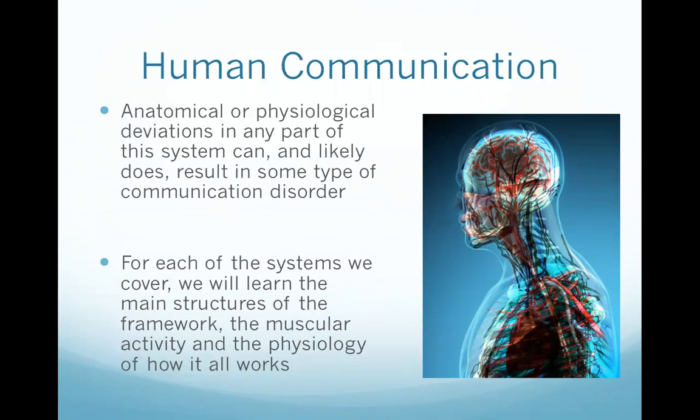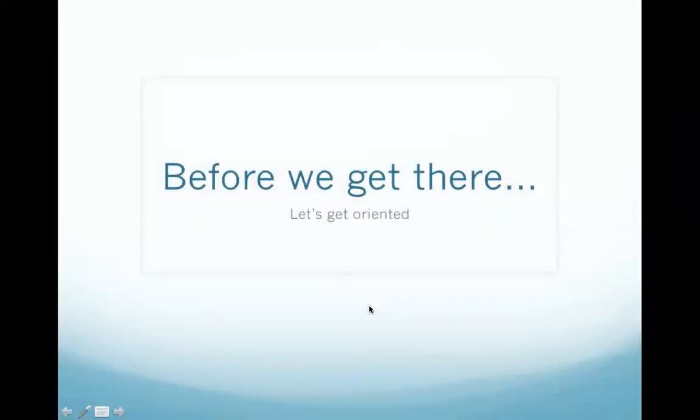So for each of the systems that we will cover, we're going to cover the main structures, and we're generally going to walk ourselves through what's the framework of that system, what's the muscular activity, and then how does it all work in order to achieve speech production or perception or swallowing, if your course will cover that.